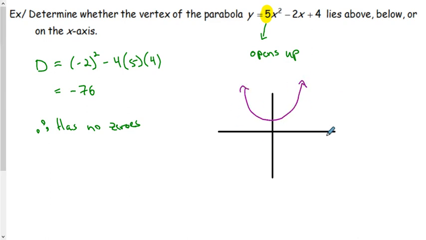I don't know exactly where it's going to be, I don't know exactly how far up it's going to be, but I know it's going to be kind of like that. So we're going to say therefore it lies above the x-axis. It has to. If it opens up and it has no zeros, it's got to be above the x-axis.